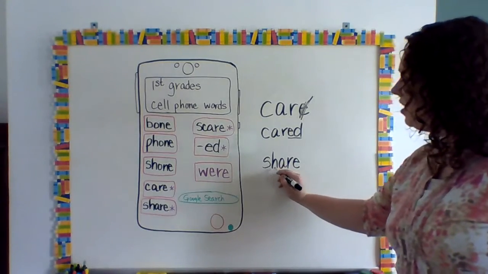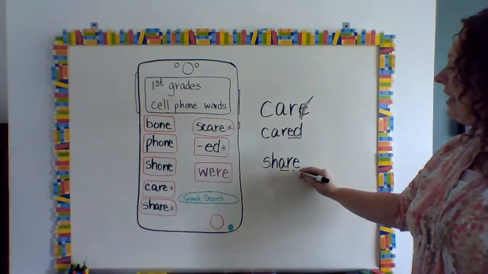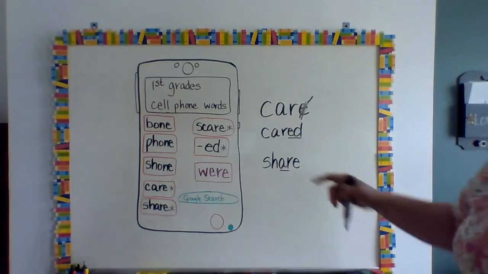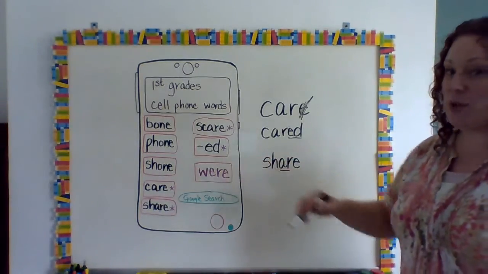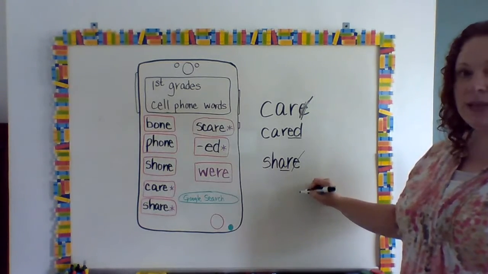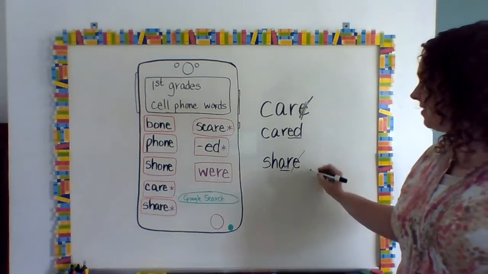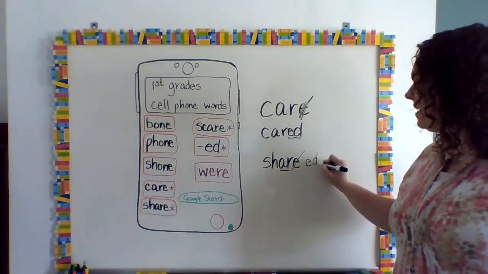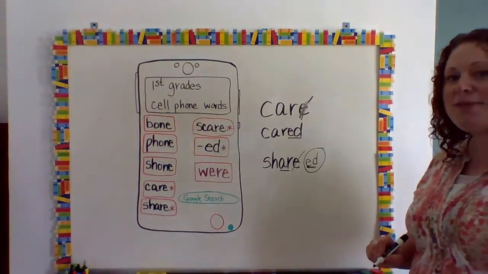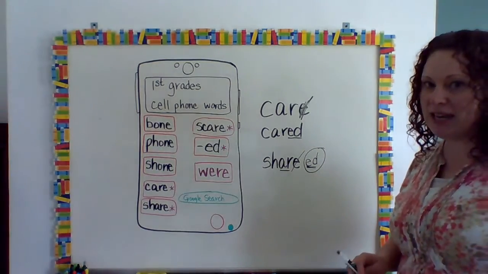So we have sh, air, and then you have that E in there too. Now, we have to add the ed, so what do we have to do with this E? Say goodbye to it. And now we're going to add the suffix ed. Because this is a suffix, these two letters go together. And I hope that makes sense. I know it's a little tricky.